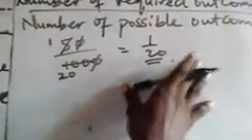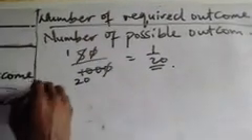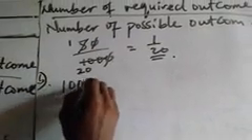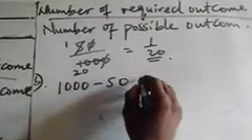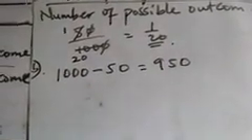So our final answer is 1 over 20. That is the probability of picking a bad carrot. What is the probability of picking a good one? The first thing you do here is to subtract 50 from 1,000. 1,000 minus 50 will give us 950. Okay, so that is the number of good carrots.